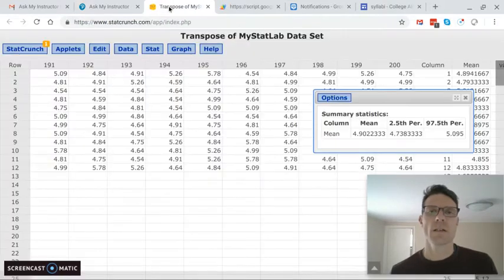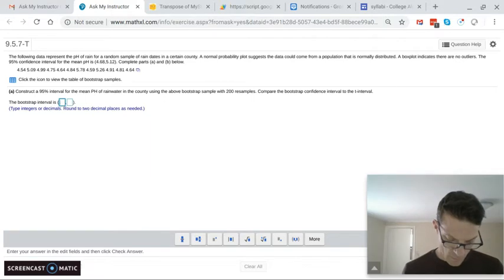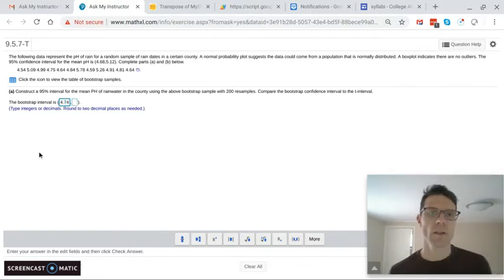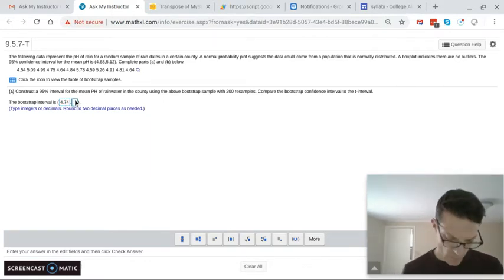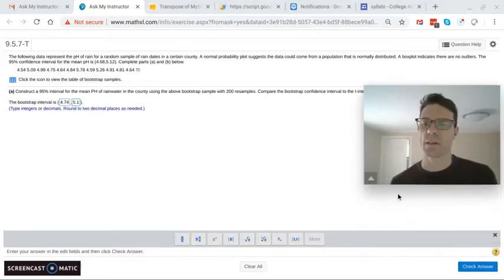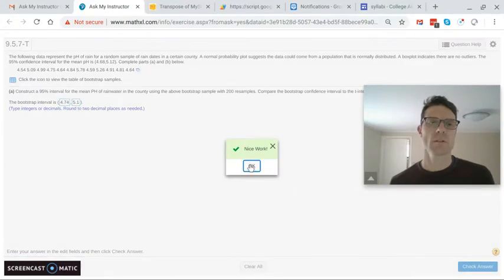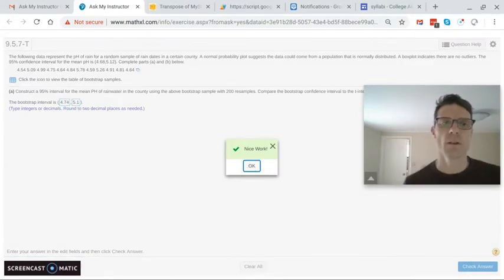What did I say? 4.74. And then I remember this one's 5.1. Hopefully I remember that right. Okay, so that's our confidence interval.